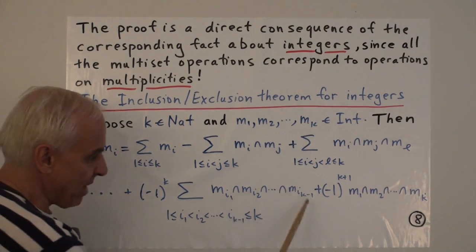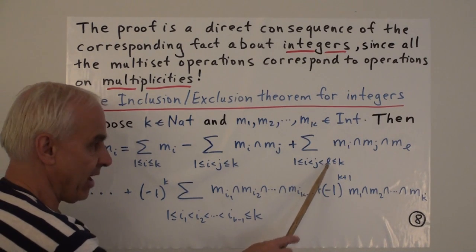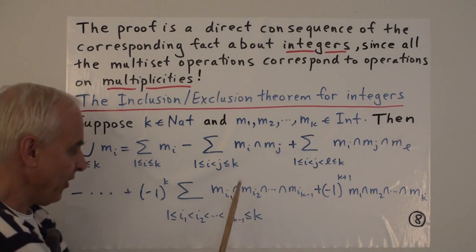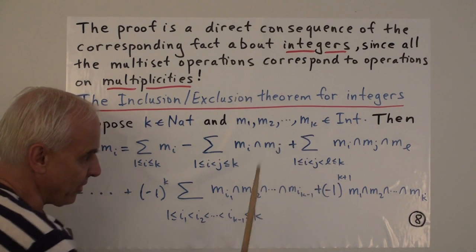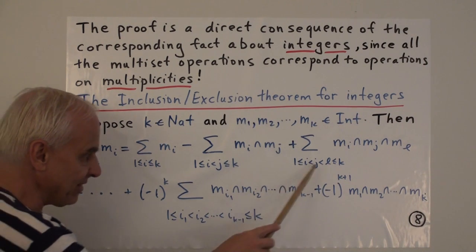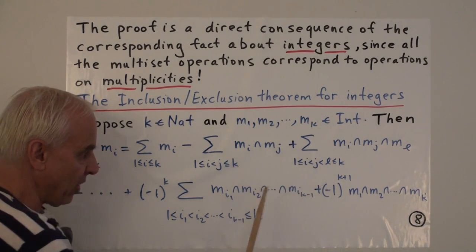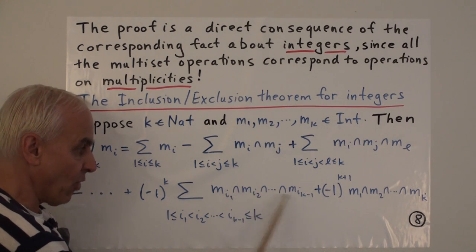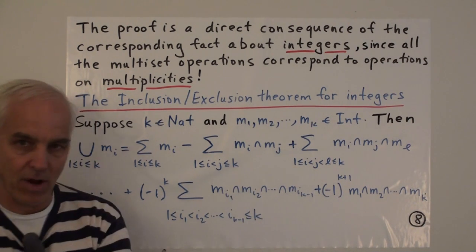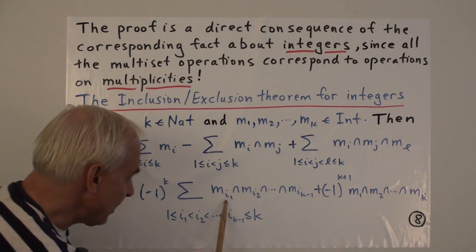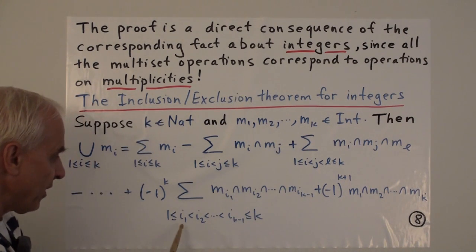Because there's k minus 1, I don't want to use i, j, l, because I have to keep using new letters. So now I'm changing our notation for the labels or the indices. Instead of i, j, and l, we're using i sub 1, i sub 2, all the way up to i sub k minus 1. And these indices have to have the property that they're distinct.